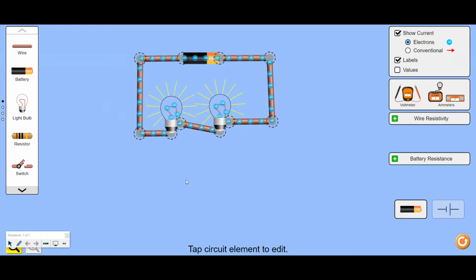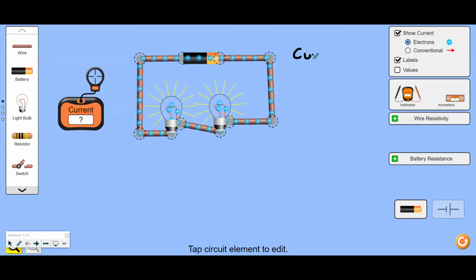So first off, let's have a look at the current in the series circuit. We should remember that one of our rules for series circuits is that the current is the same in all places.